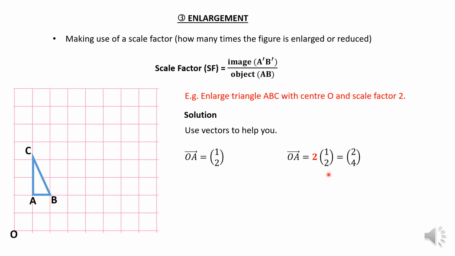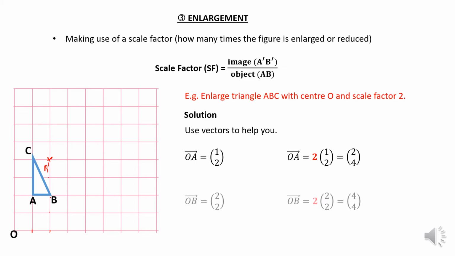So take that vector and multiply it by 2. In order for you to find this particular point, it's going to be 2 across and 4 up. So that's where I expect my A to be now, my image.